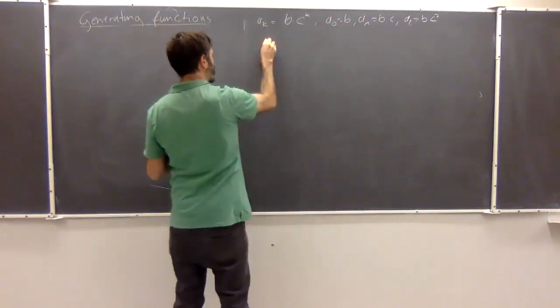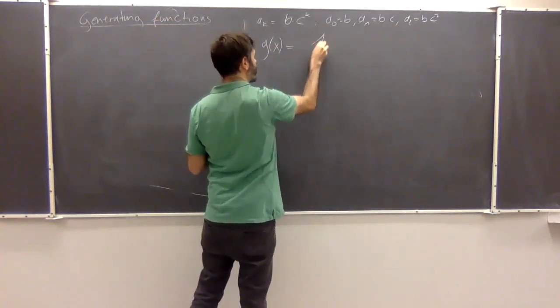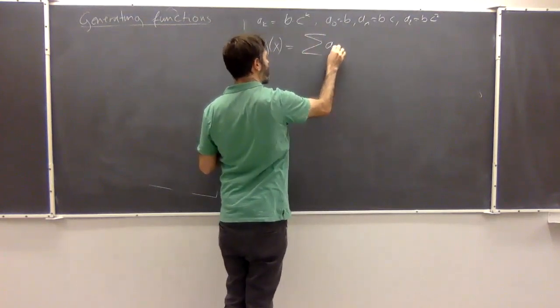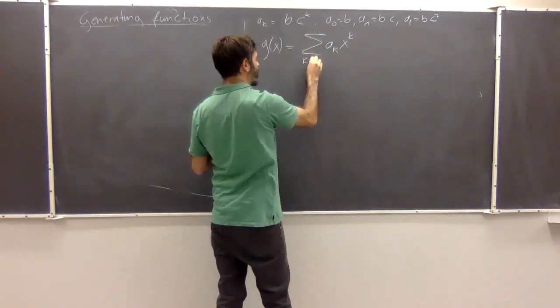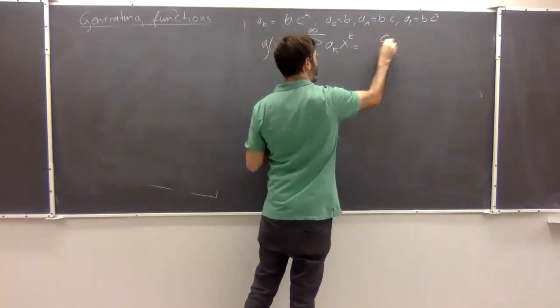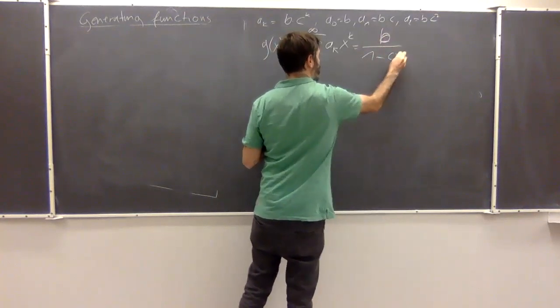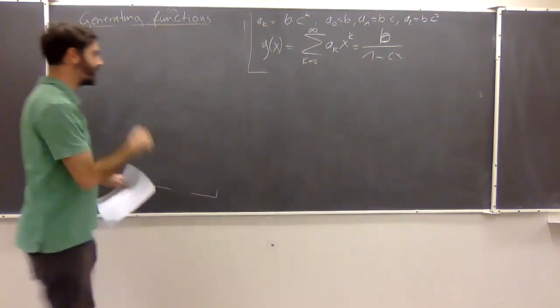And then your corresponding generating function, g of x, the function which you get by multiplying the a_k with the k-th power of x and summing everything up, will be b divided by 1 minus cx. So that's my first example, of this form.